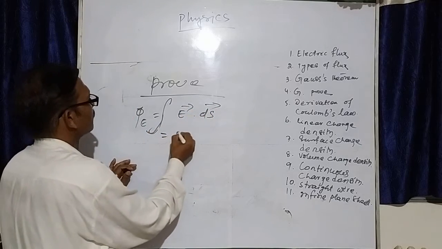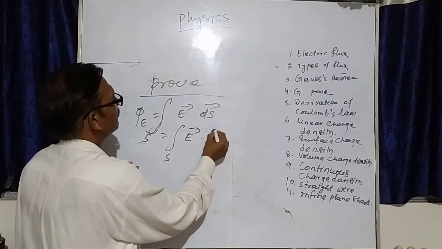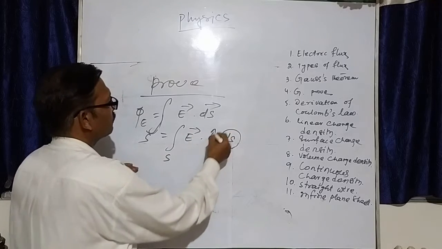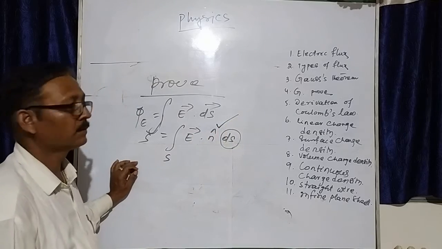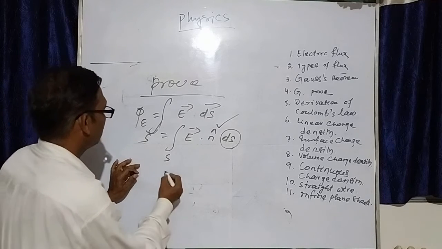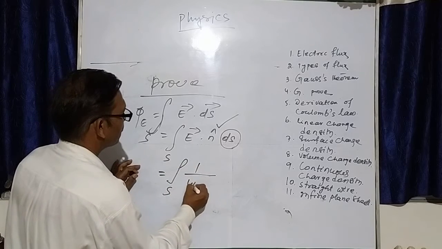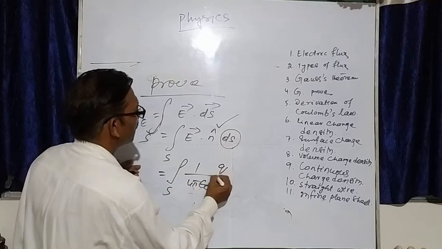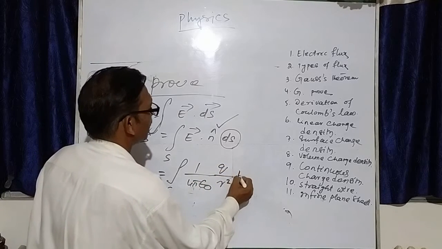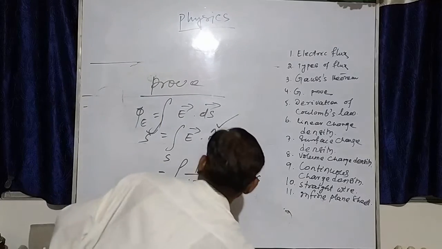This is E dot n cap ds, where you take a unit vector perpendicular to the surface for ds. Electric field is 1 by 4 pi epsilon 0 q by r square, dot n cap ds.